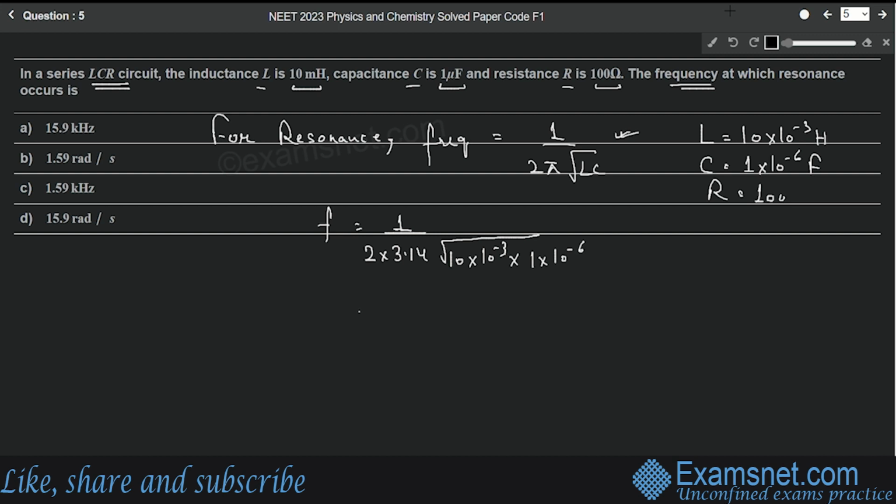On solving this, we get 1.591 into 10 to the power 3, which can be written as 1.591 kilohertz, because this was in hertz, so 10 to the power 3 can be written as kilo. So the correct option is option C, 1.59 kilohertz.